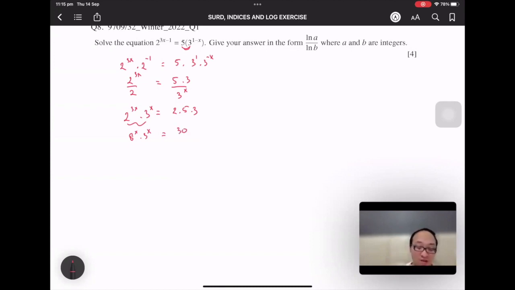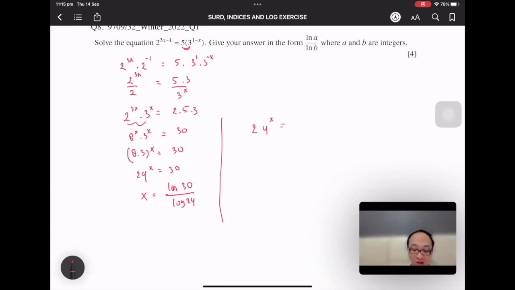So we can combine into 8 times 3 to the power of x equals 30. So 24 to the power of x equals 30. And to find x, we can just use ln on both sides. So it's ln 30 over ln 24. If you're confused, I will show you the method.